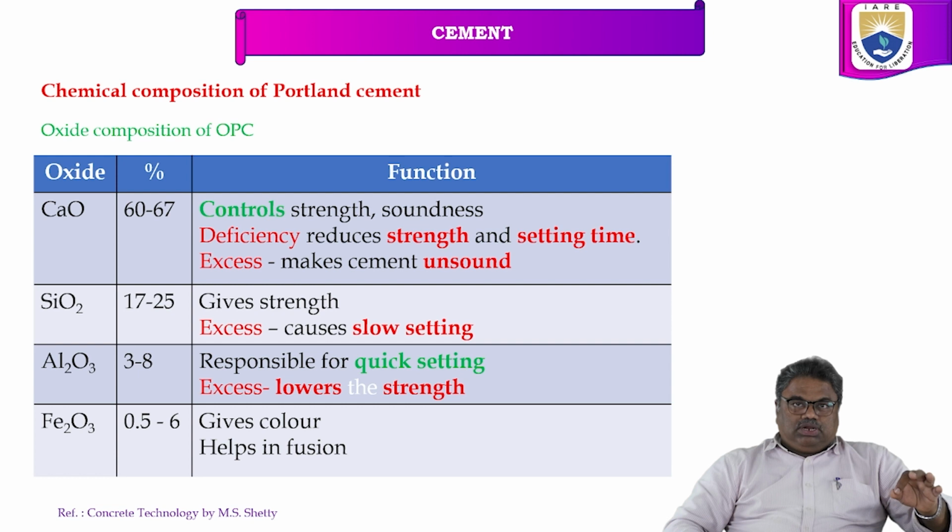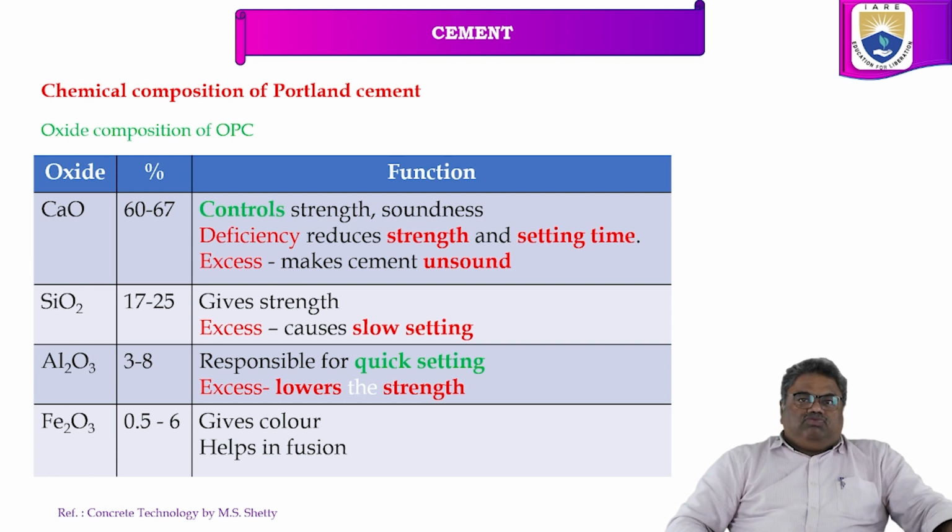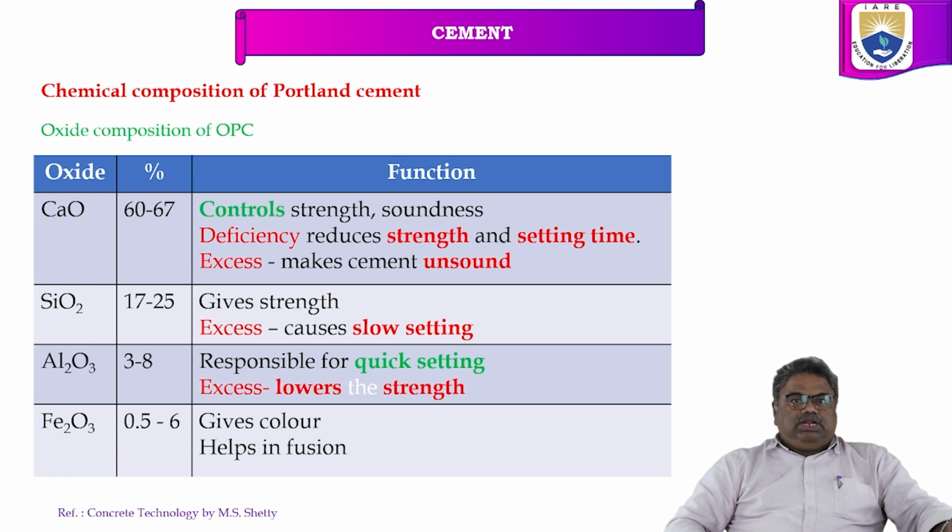If the CaO percentage is around 50, that is called deficiency. Deficiency in CaO reduces the strength of the cement and the setting time. If it is in excess, more than 67%, it makes the cement unsound.